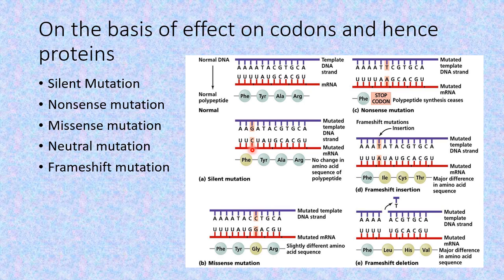There is a change in the third nucleotide of this particular reading frame, and both these triplets code for the same amino acid. So the resulting protein that is produced does not change.